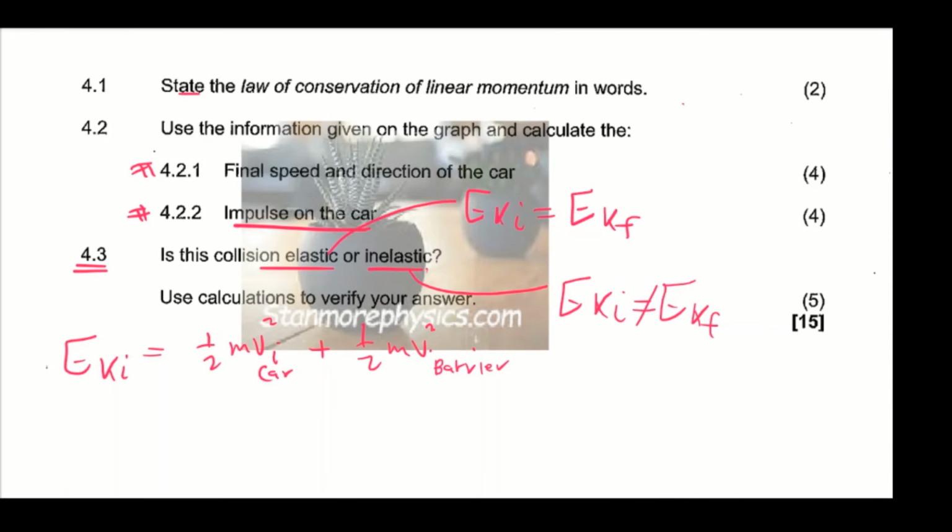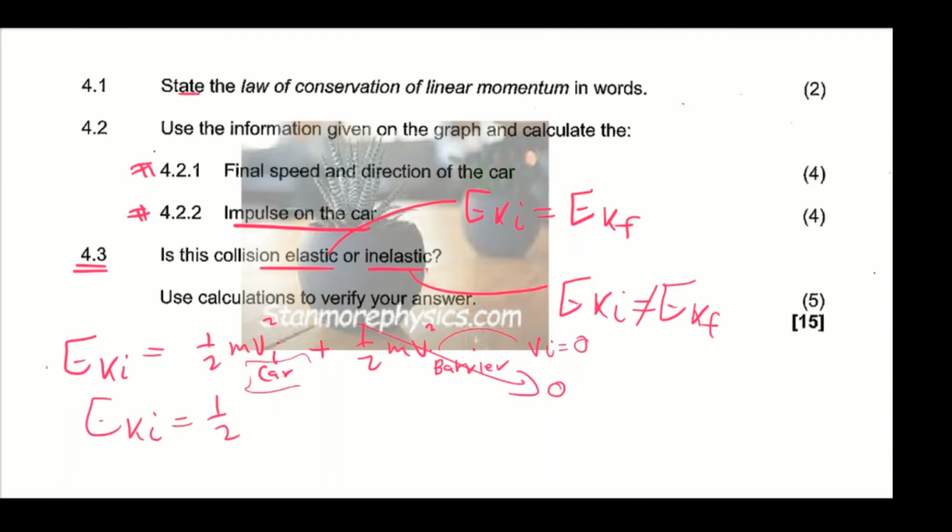What's going to happen here is the initial velocity of the barrier was 0, because the barrier was just standing there, it was still. So v initial of the barrier is 0, making this whole expression equal to 0.